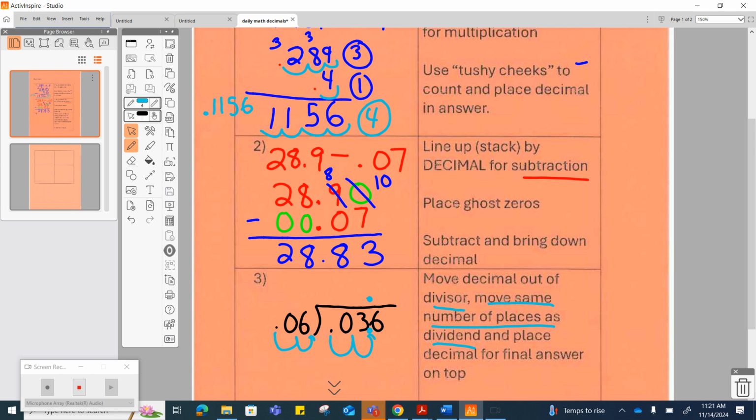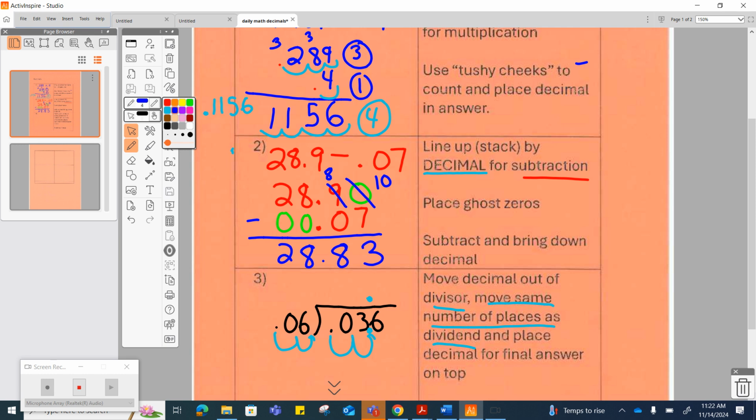So again, when I am multiplying or dividing, I use this concept of tushy cheeks and moving the decimal. If I'm adding or subtracting, like I was doing up here, I stack it by the decimal. So you really have to be careful about which one you are doing. Okay? So now I can think about 6 does not divide into 0. 6 does not divide into 3.